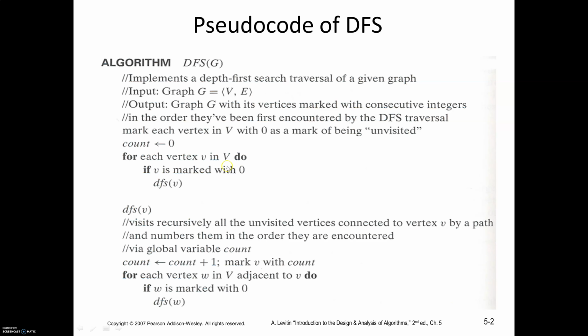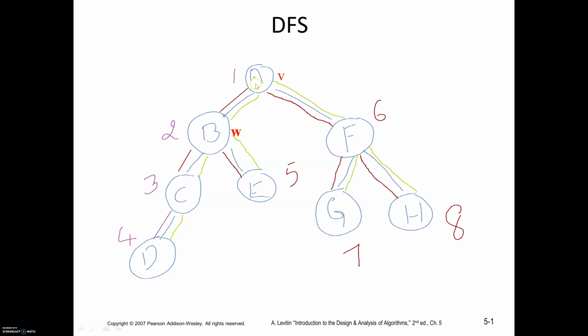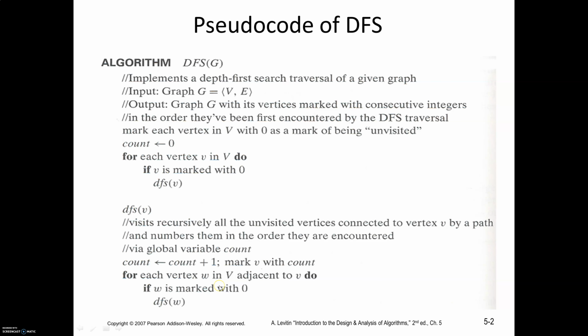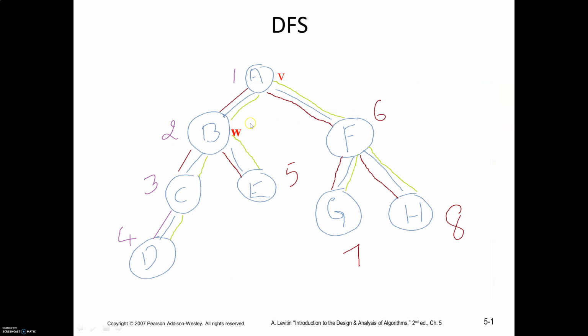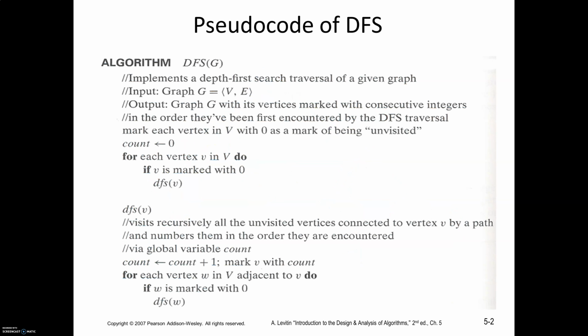After incrementing count by 1, assign that count to V. Now here I have assigned 1 to V. Then for each vertex W adjacent to V, if W is marked with 0, here initially B was marked with value 0, then call DFS with node B. So again this count gets incremented, and that incremented count value will be assigned to B. So like this the algorithm will work.